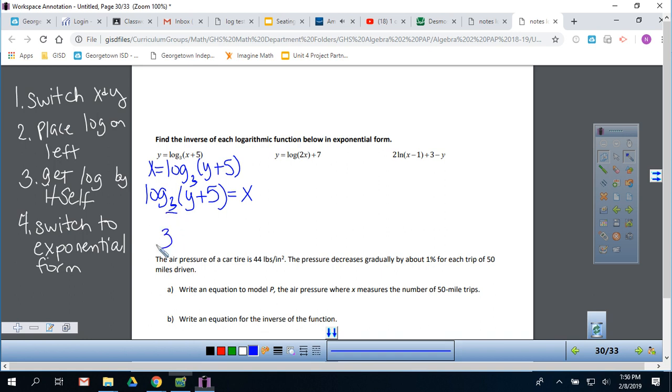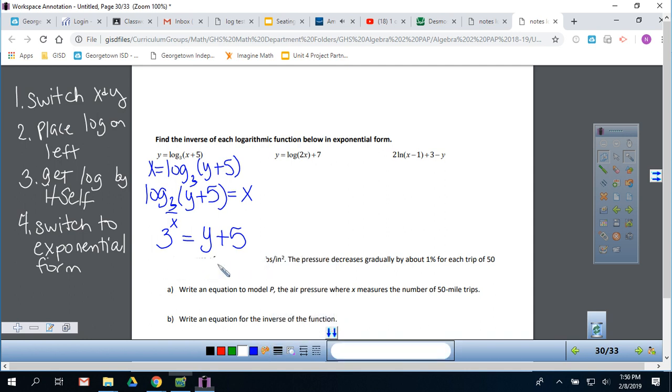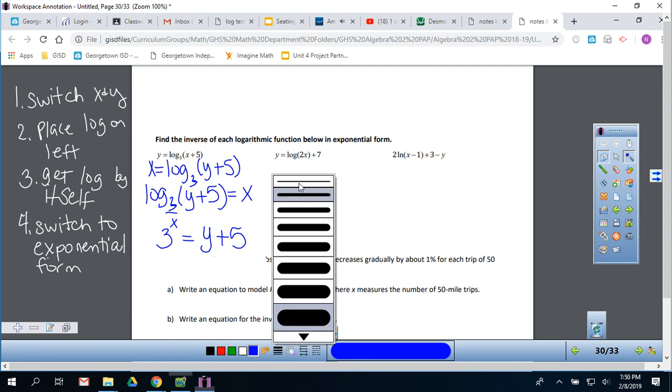So we're going to have 3 to what power? 3 to the x equals y plus 5. So now, is y still not all by itself? So I have that 5 there, so what do I need to do to get y by itself? Subtract 5.